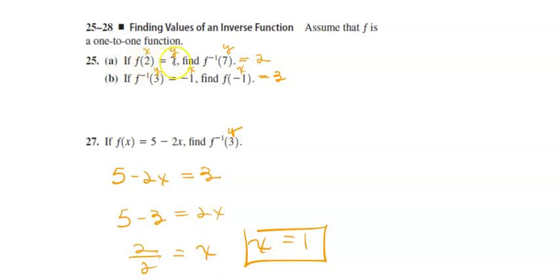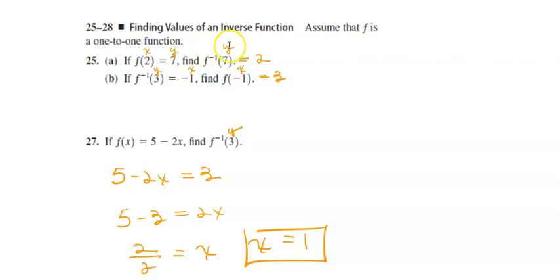That's going to always equal the y. Okay, inverses, you flip your x and your y. Therefore, after the inverse notation, which is this f to the negative 1, what's going to follow is the y from the regular first function.